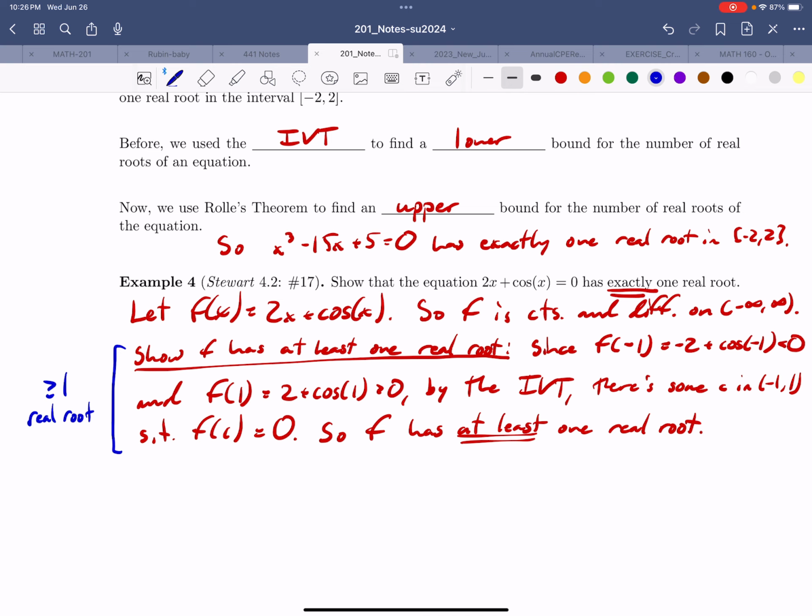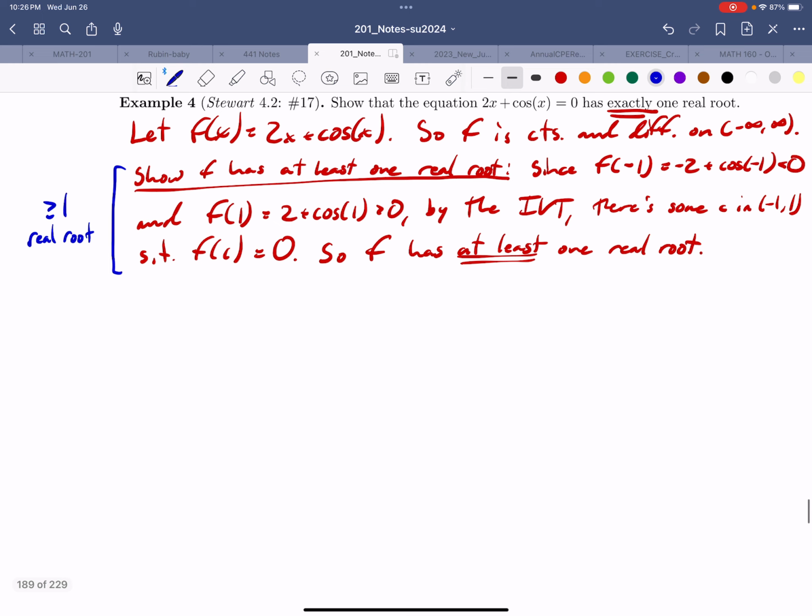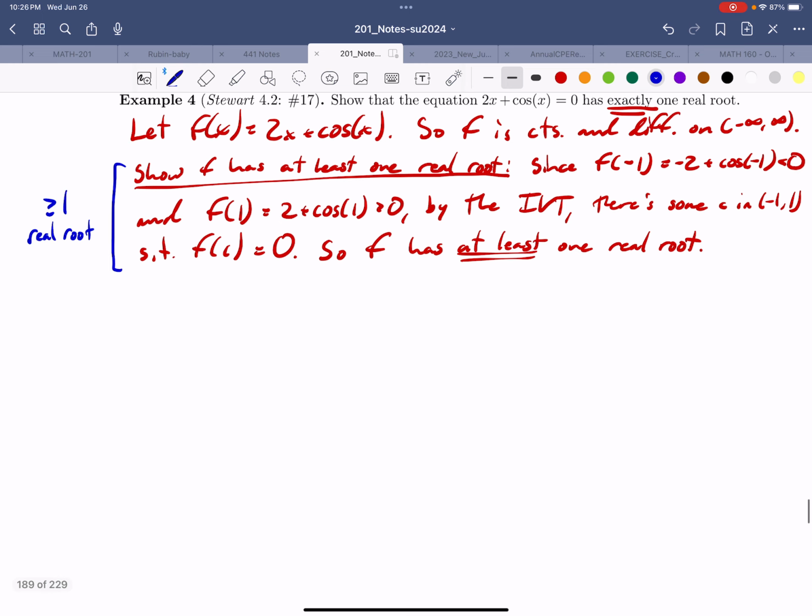Now, maybe I'll use blue for this just so that it pops. Show f has at most one real root.